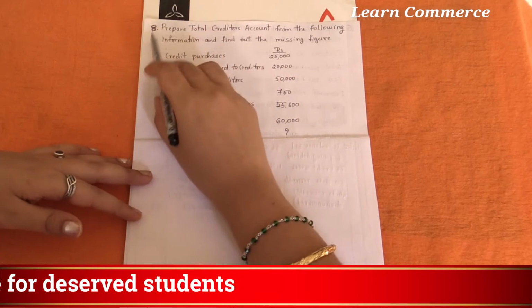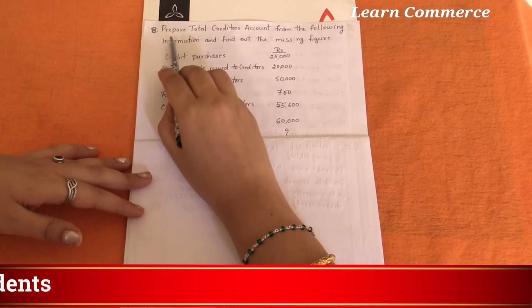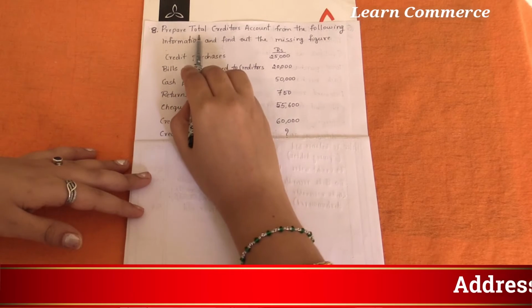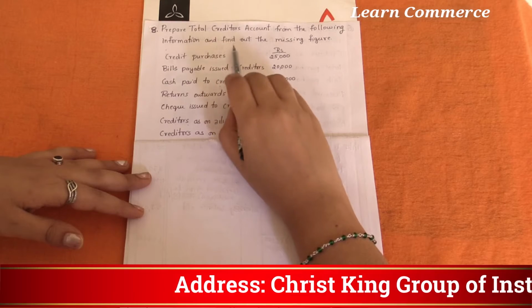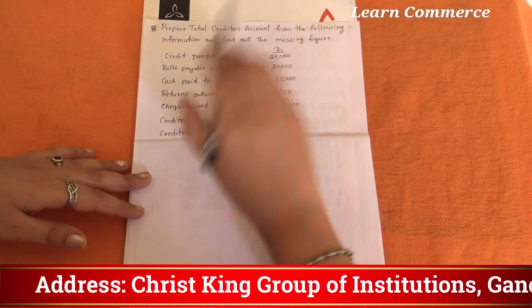Next problem, 8th one. Prepare total creditors account from the following information and find out the missing figure.